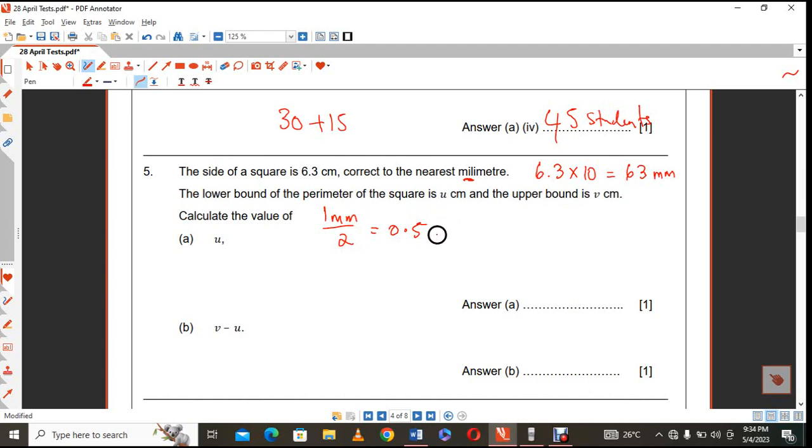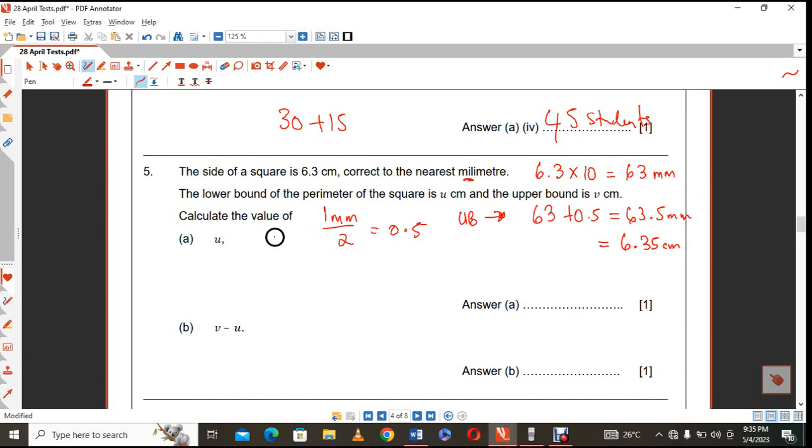Then obviously you can add that to 63. So for example, the upper bound would then be 63 millimeters plus 0.5, which gives you 63.5 millimeters. Okay, and that translates to 6.35 centimeters, for example.